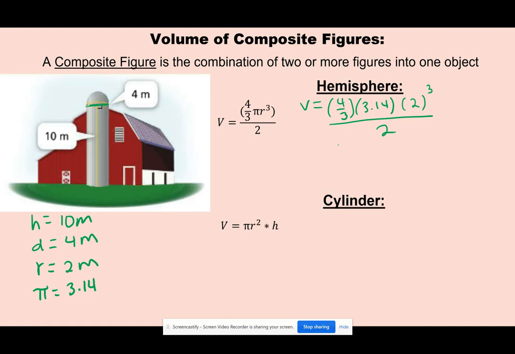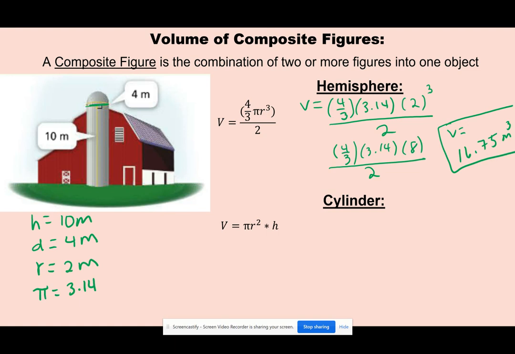So I have 4/3 times 3.14 times 8 over 2. All right, and then if I go ahead and solve that, multiply all my top, and then divide the answer by 2, I get a volume of 16.75. It'll be meters cubed. All right, so we'll keep that in mind. We're gonna need that in a second.